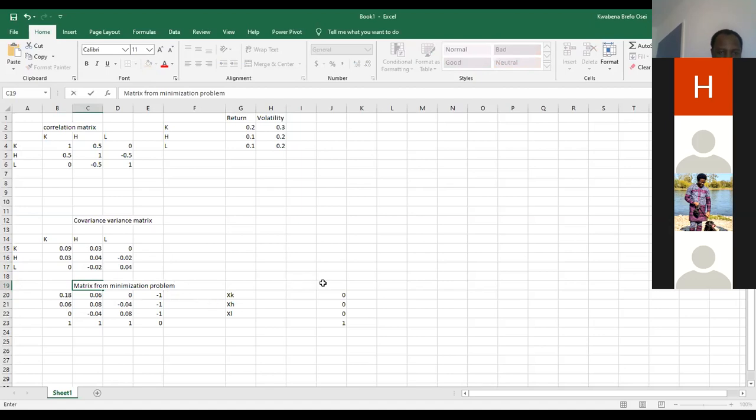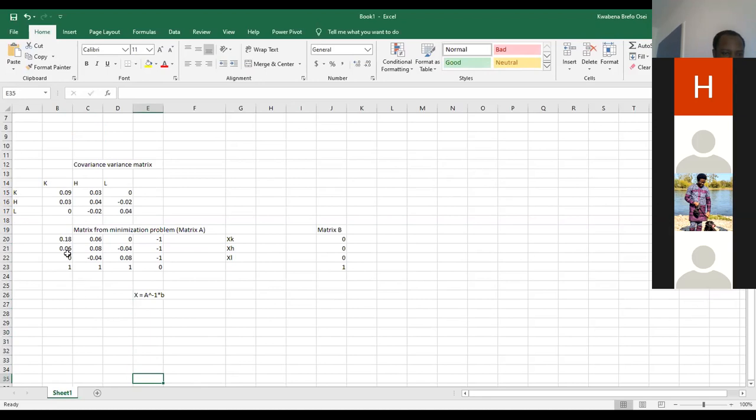Let's say that is matrix A. And I'll also call this one matrix B. So we said X, which is the weight, is equal to A inverse multiplied by the matrix B, right? That is what we said.